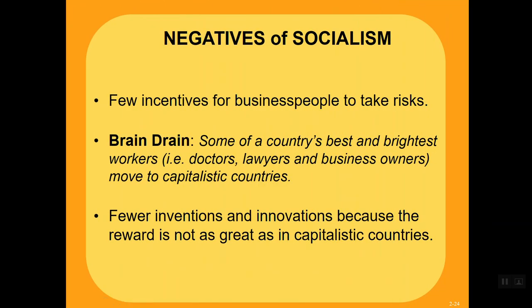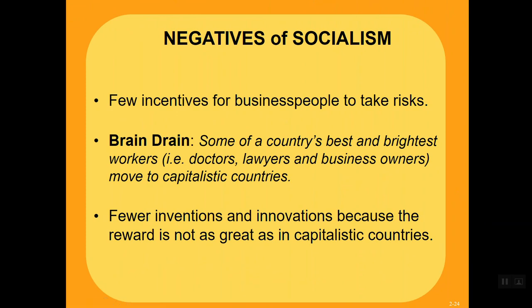Some negatives of socialism. There are few incentives for business people because the larger types of industry are owned by the government. The term brain drain is sometimes used because some of a country's best and brightest workers, like doctors, lawyers, and business owners, move to capitalistic countries. Even if you have these positions that earn much higher wages in a capitalist economy like the United States, they'll be more equal in a socialist economy.